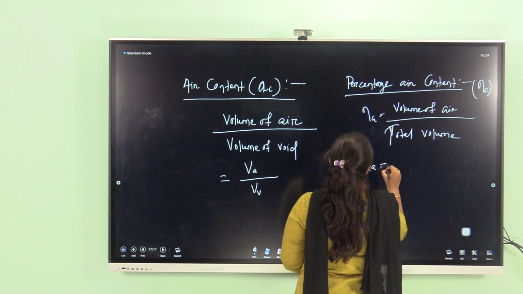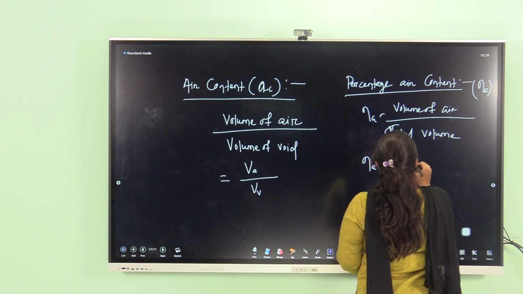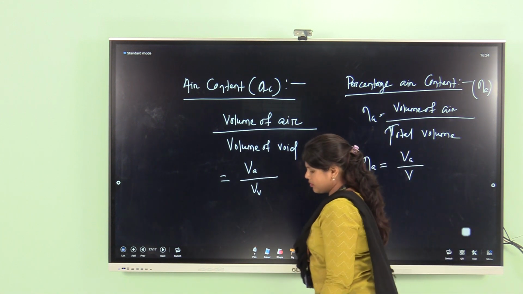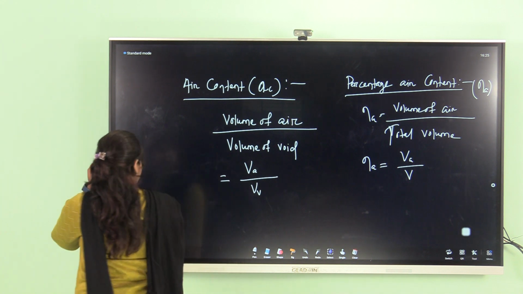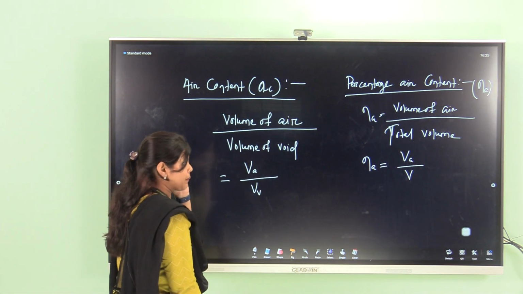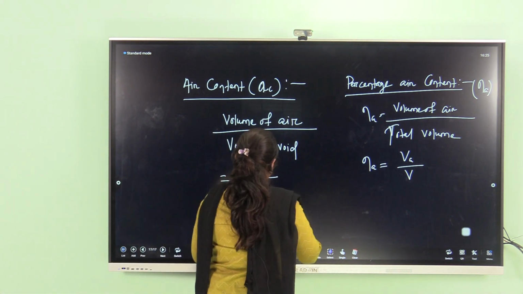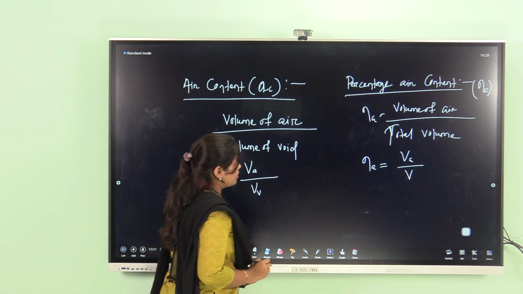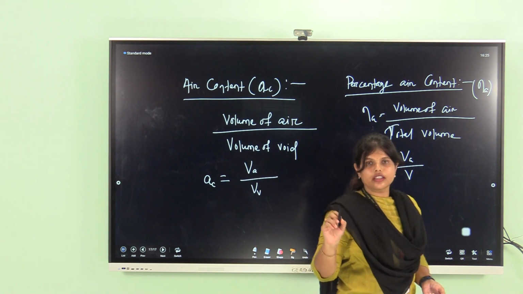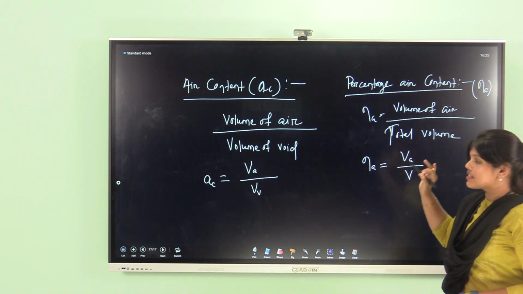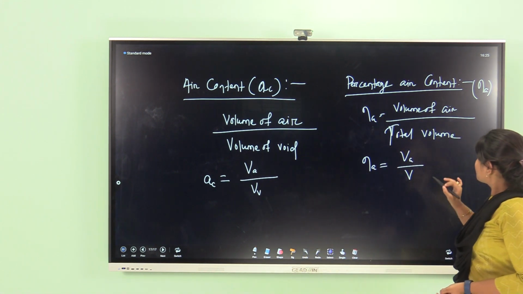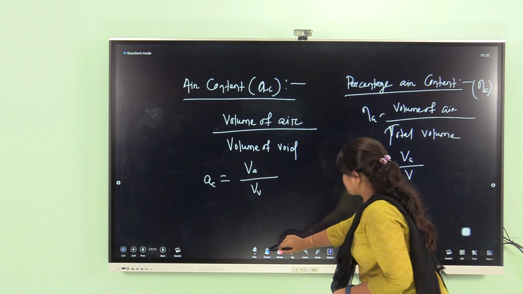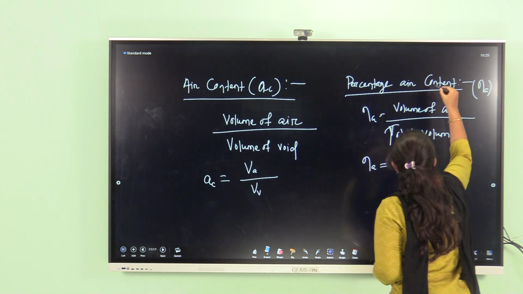So, na equals to Va by V. Okay. These two values are nearly equal. Air content and percentage air content, percentage air voids, sorry, this term is percentage air void.